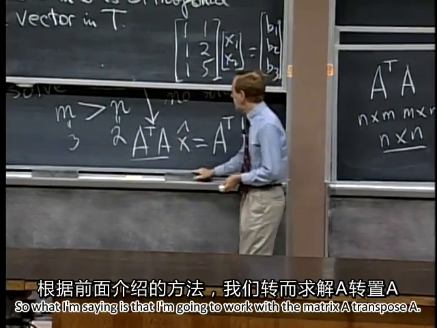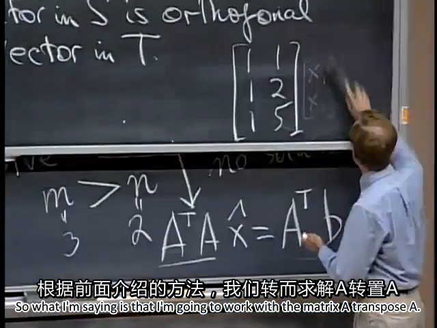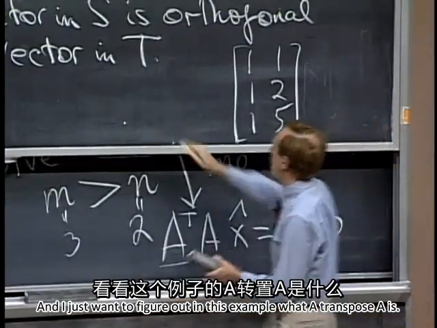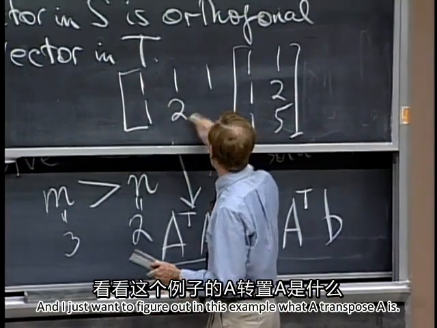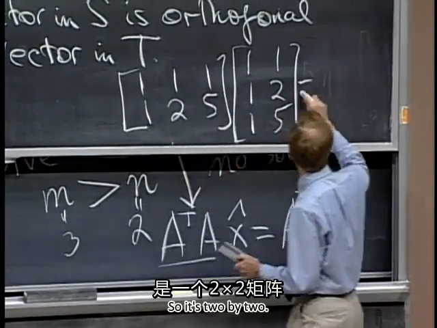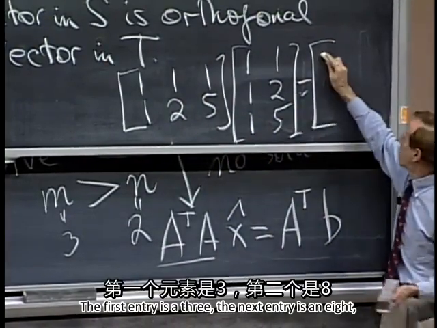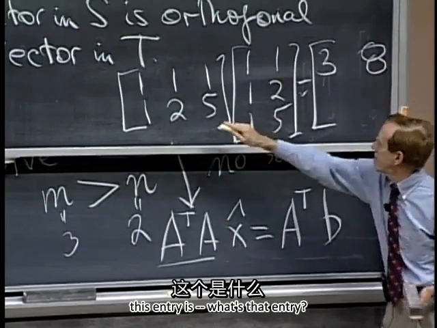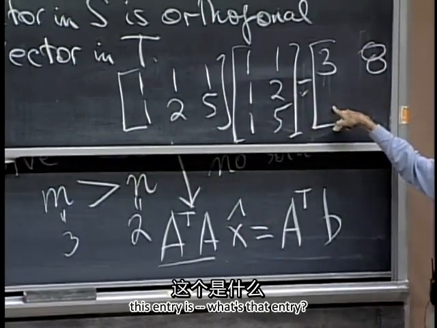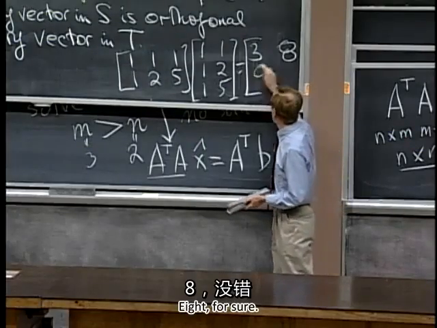So what I'm saying is that I'm going to work with the matrix A transpose A. And I just want to figure out, in this example, what A transpose A is. So it's 2 by 2. The first entry is a 3. The next entry is an 8. This entry is, what's that entry? 8, for sure.